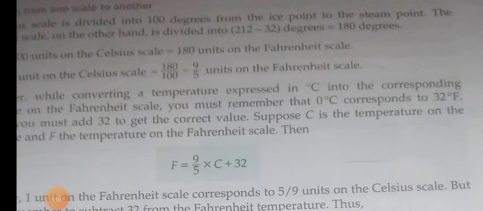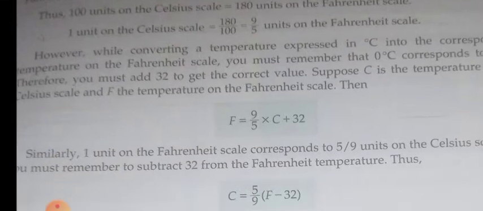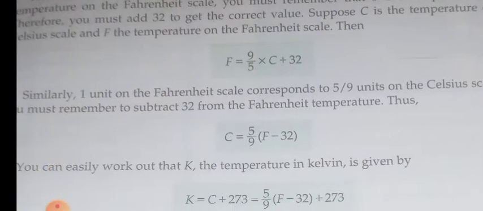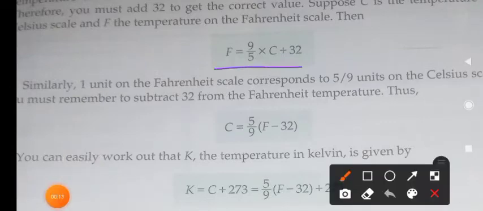If the temperature is measured in one scale, it can be converted into another scale by using the following formulas. For example, if you want to convert the given temperature into Fahrenheit, you can use this formula: Fahrenheit is equal to 9 by 5 into degree Celsius plus 32.